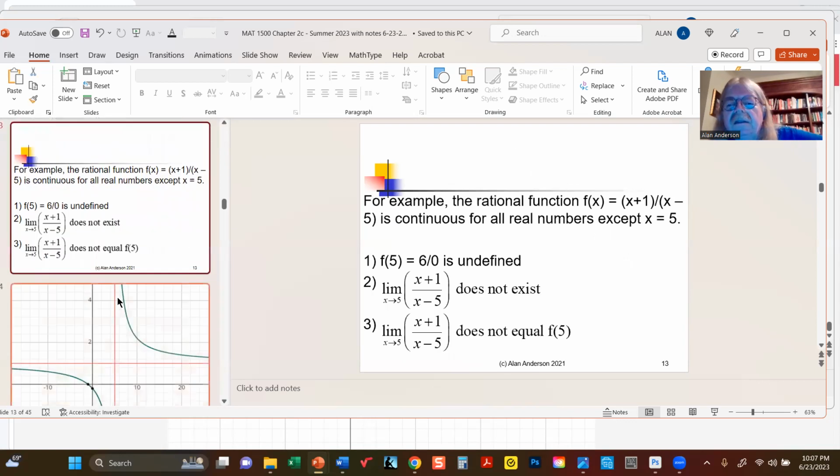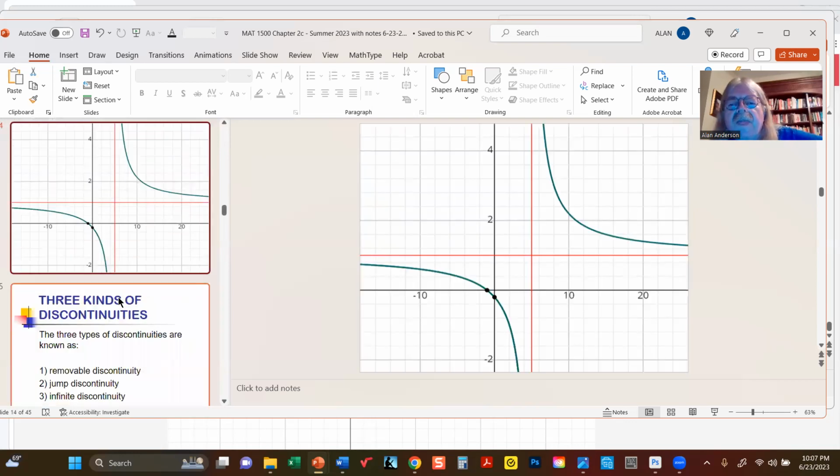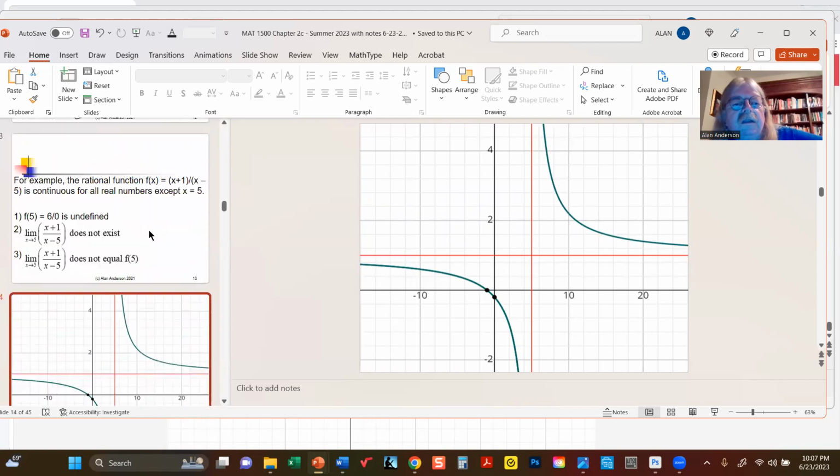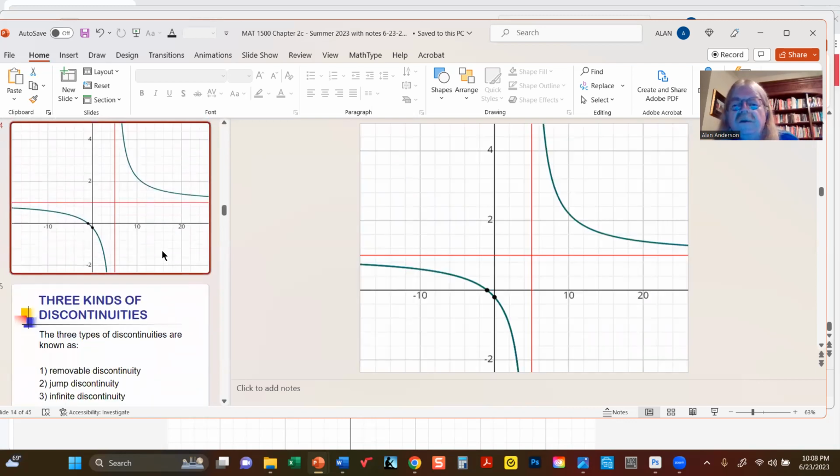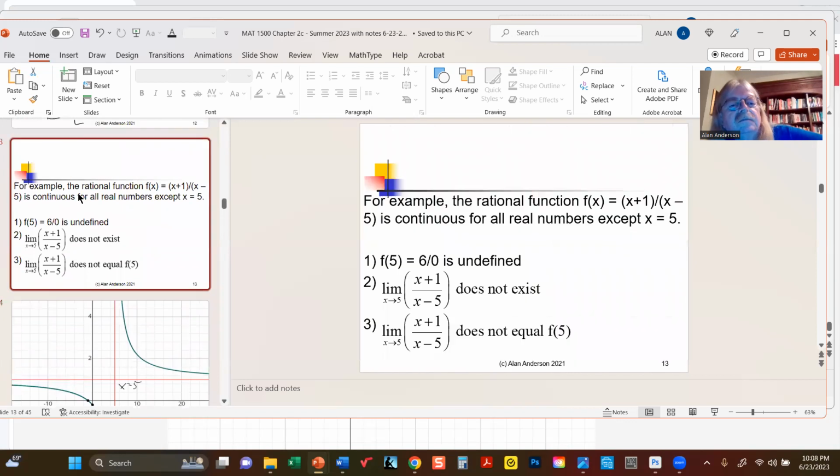Now here, oh, by the way, here's the graph for x plus 1 over x minus 5. So you can see it's going to be continuous except at the asymptote x equals 5, because f of a is not defined.